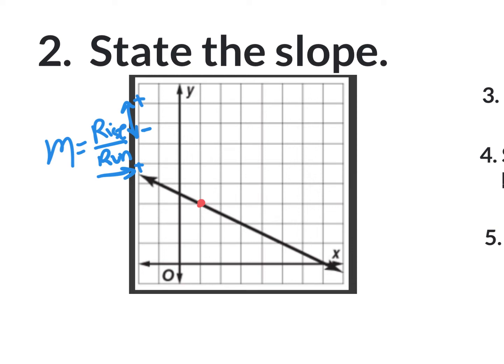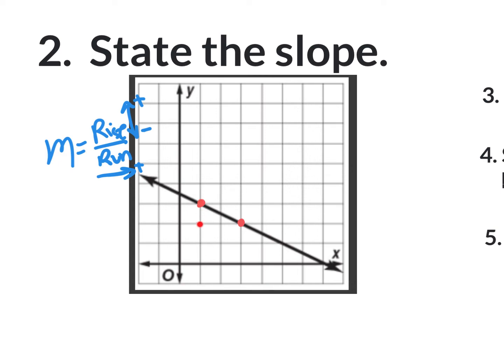You could pick any 2 nice coordinates on your line, and then you always want to look at it from left to right, kind of like the way you read a sentence. From the left dot to the right dot, are you going up or are you going down? Obviously, you're going down, which is a negative rise. So how many units from the point on the left to the point on the right do you actually rise? Are you rising up? No, you're dropping. So that's a negative rise.